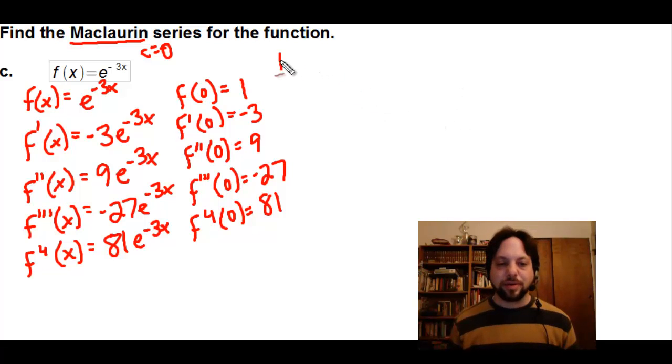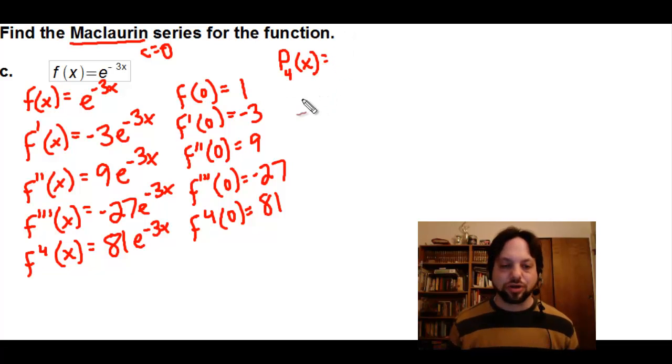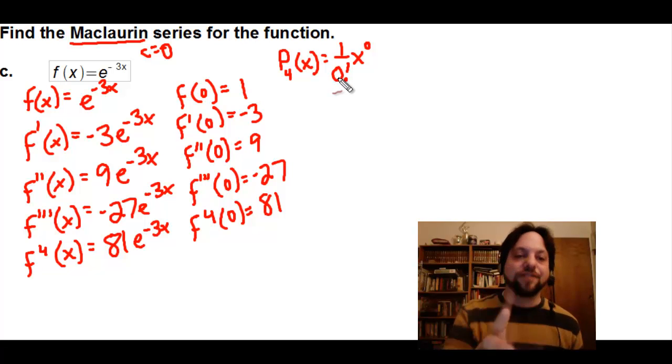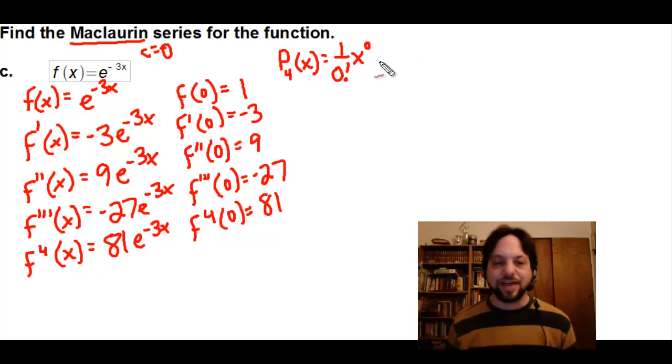Let's go ahead and write out my Maclaurin series, and I will take this out to the 4th term. Now my 0th term will just be 1 over 0 factorial x to the 0 power. Now remember, 0 factorial is defined as 1, so it's okay to have that in the denominator. My next term will be 3 over 1 factorial x to the 1st.